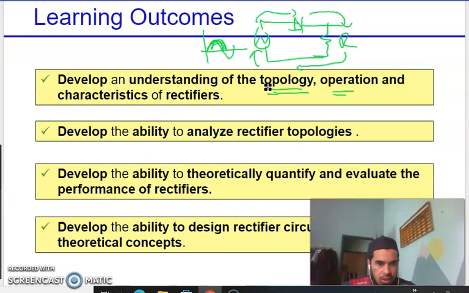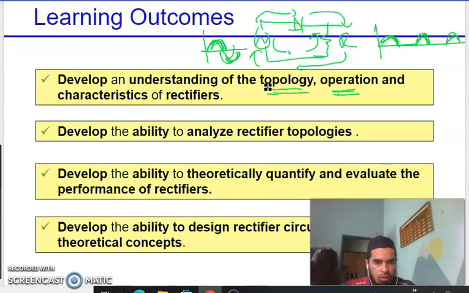Then when the negative cycle happens, the current would flow backward, but it stops here. That means at the output, you see only the positive part flows, the negative part is blocked, then it appears again on the next positive cycle. So this is the operation of the system.